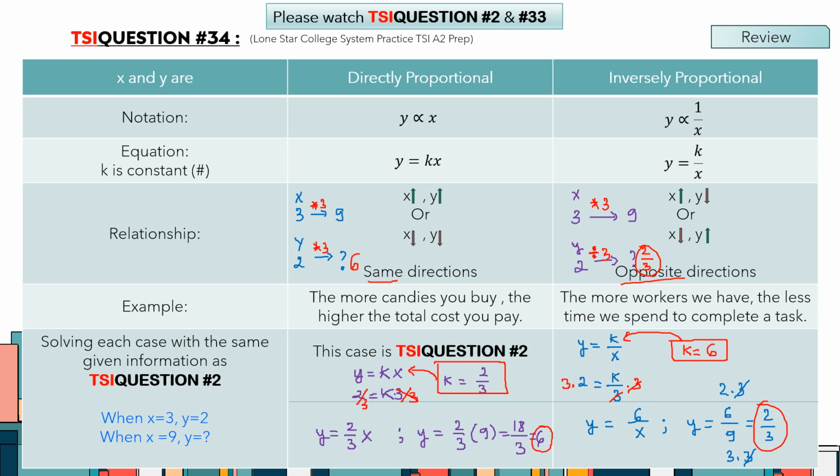It's opposite directions. When x is decreasing, y will be increasing. So if x is increasing by a factor k, then you divide your y value by the factor k, and then you will have the new y value.